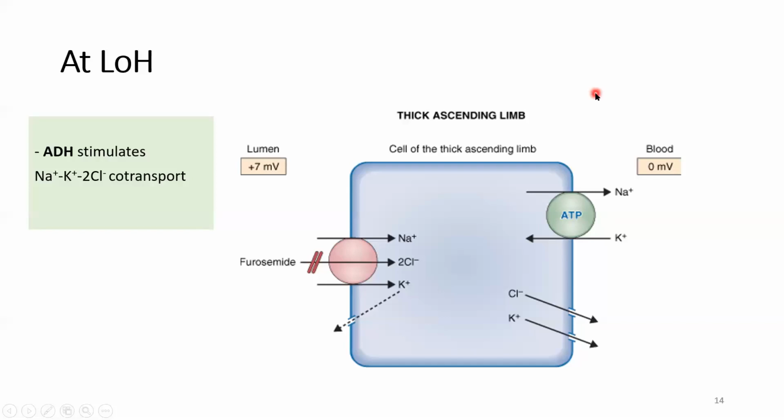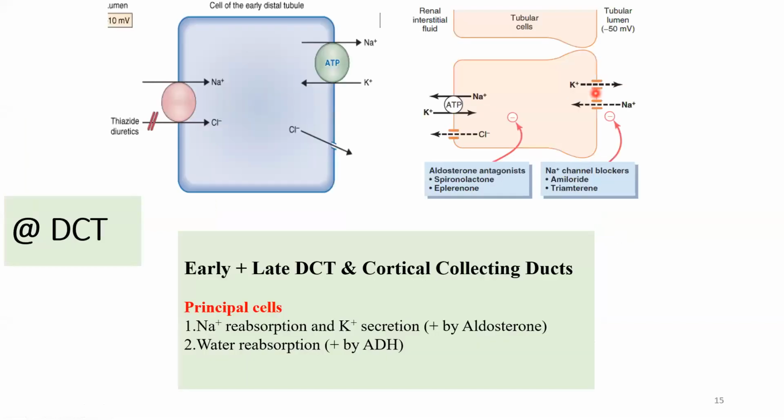Okay, so we now move on. This slide shows you two cells. We are at the DCT now, the distal convoluted tubule, the place where sodium is reabsorbed variably under the influence of aldosterone. The presence or absence of aldosterone will make all the difference. You should remember that aldosterone is under the influence of angiotensin 2, and you should remember when angiotensin 2 is released.